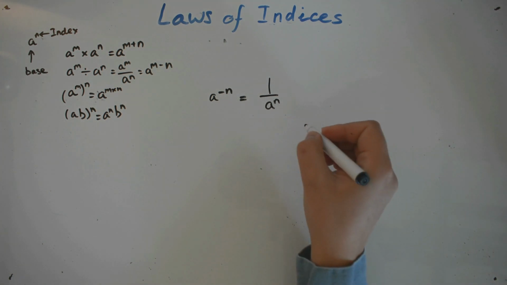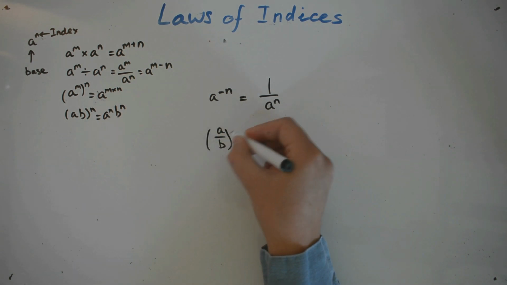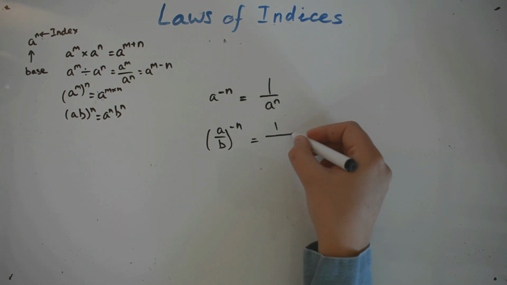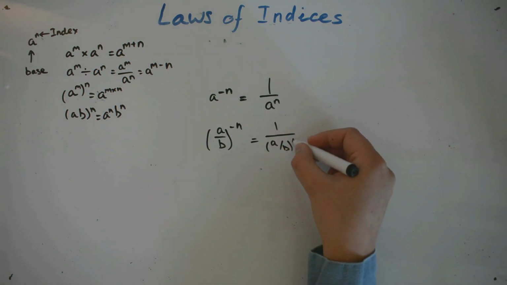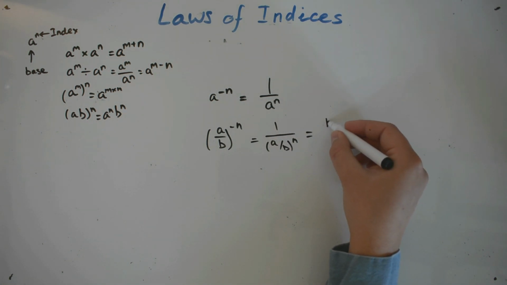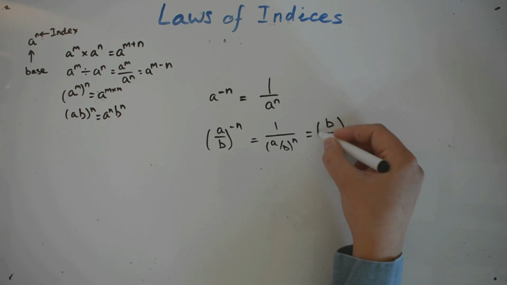Okay, you need to also remember that if you have a fraction to the negative power, it's the same thing. You do 1 over that fraction, a over b, to the power of n. But when you divide 1 by a fraction, all you need to do is flip that fraction upside down. So it becomes b over a, to the power of n.